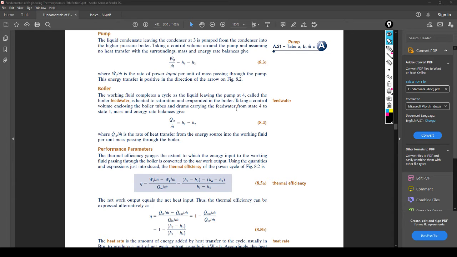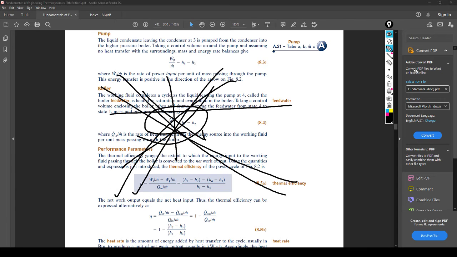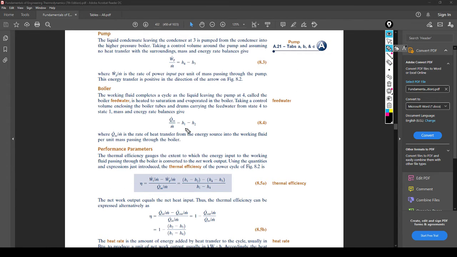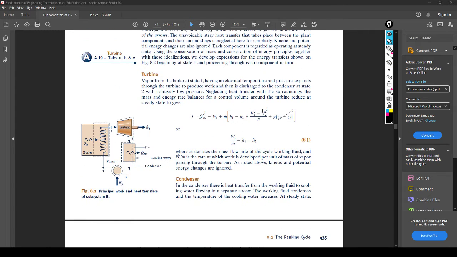Now, this is a typo. Just to let you know, this is wrong. This should be H4. So they've written that one wrong. I'm going to ask you guys this, since you've been very quiet and probably paying attention: the amount of heat coming into the system here would be what?